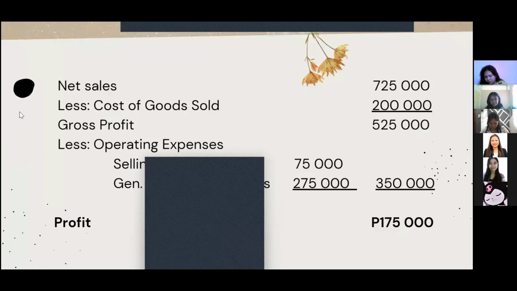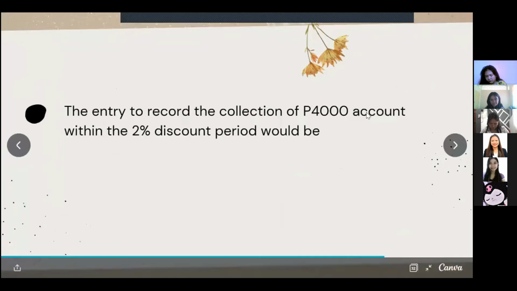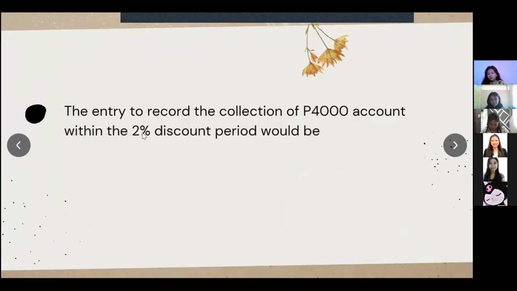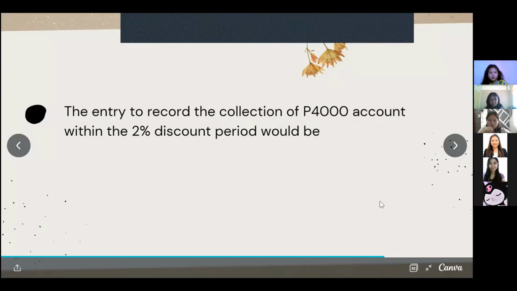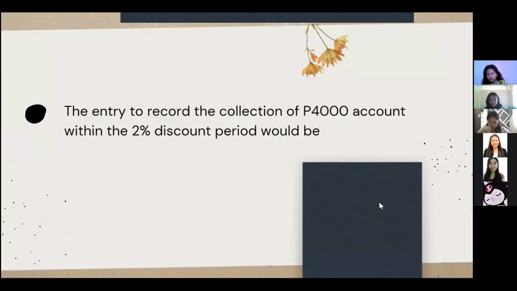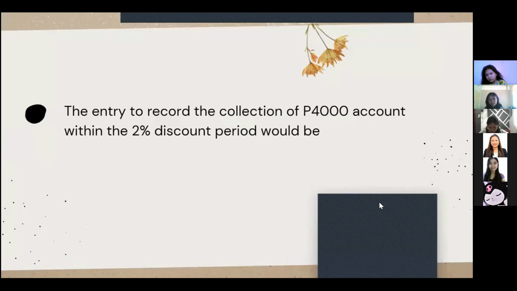Ito, entry ulit tayo. The entry to record the collection of 4,000 account within the 2% discount period would be. So, collection of 4,000 tapos within the 2% discount period. Ano yung entry? Collection, so ibig sabihin madadagdagan yung cash.